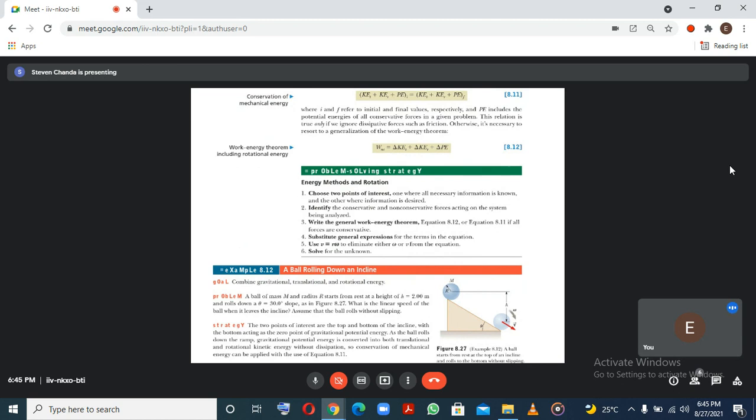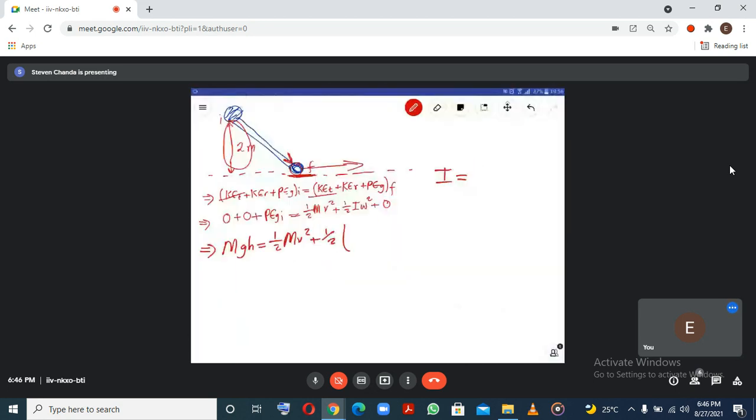But for this particular ball, the moment of inertia is 2 over 5, when we look at that particular diagram that I showed earlier. So once you know that, then you are really set.